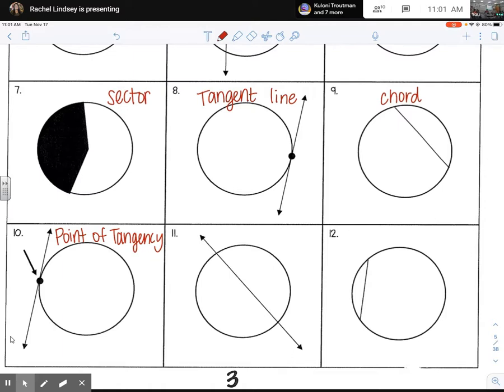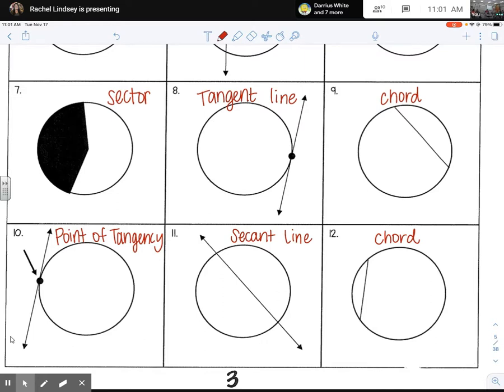Number 11. Secant line. And number 12. Okay.